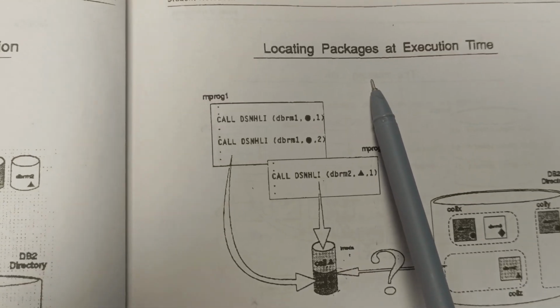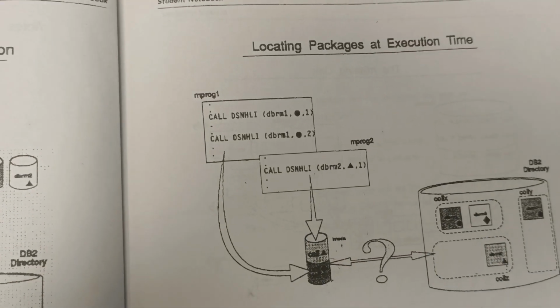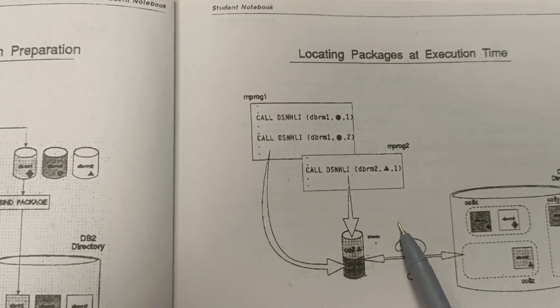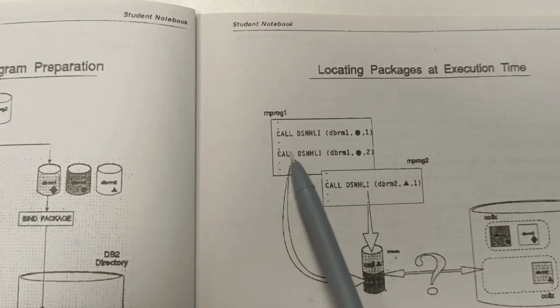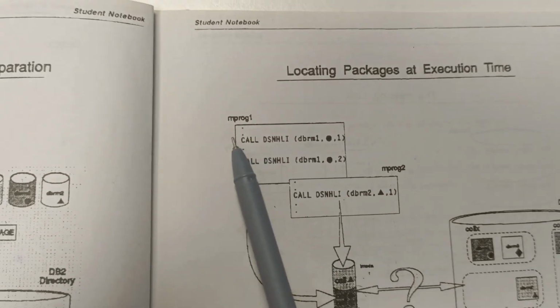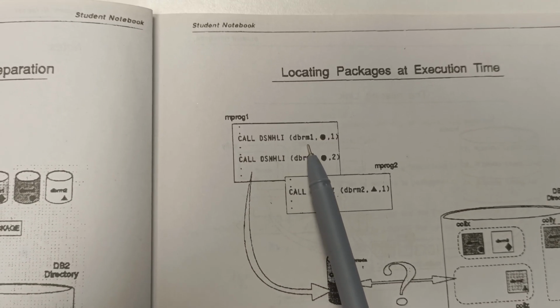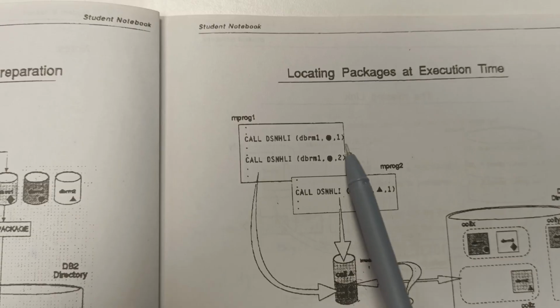And locating the packages at execution time: how do we know which package is executed for the corresponding member name? You can see this is my program that I am going to execute, it calls DSNHLI, and this is a DBRM name, this is a timestamp and this is the statement number.